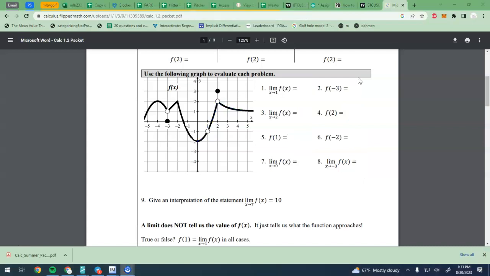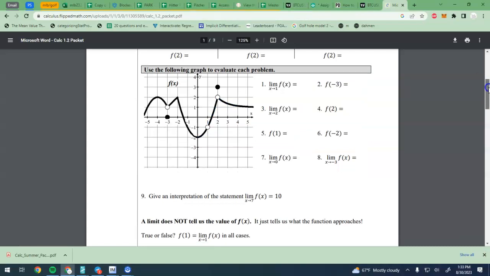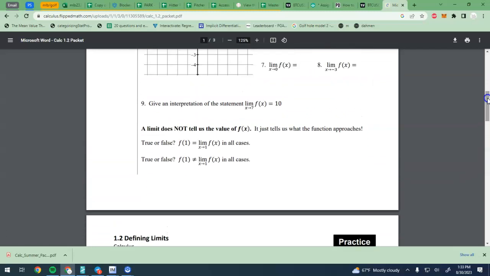Alright. I don't think 9 and 10 are going to be too much trouble for you then, but let's look at them. So 9 is saying as x approaches 7, f of x approaches 10.